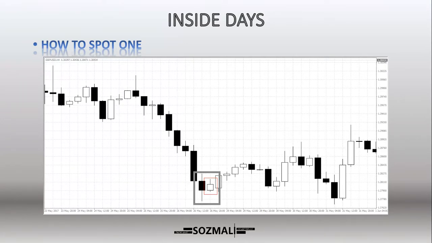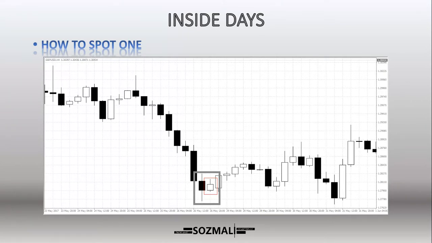Now, as you can see, this is the H4, but then it'll look exactly the same on the daily chart, because that is the chart that we need to use to look for this. Since each candle represents a day, you're able to see inside days much easier, right? So, for example, we can see in that second day within the gray box that the high and low of that day is actually quite far away from the high and low of the previous day.